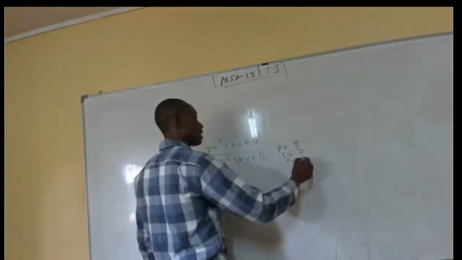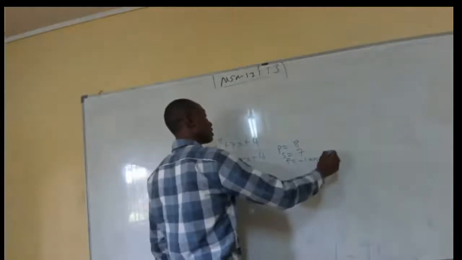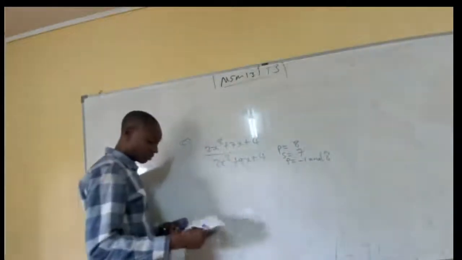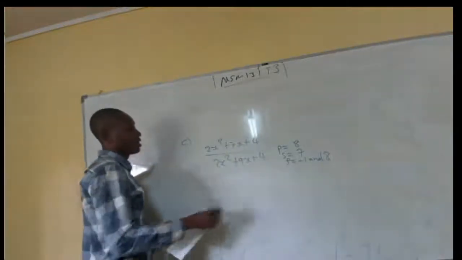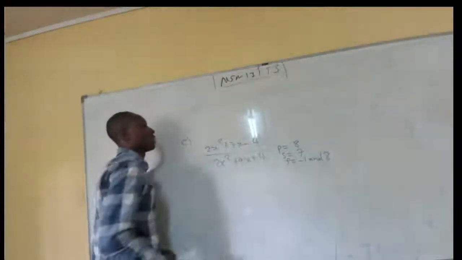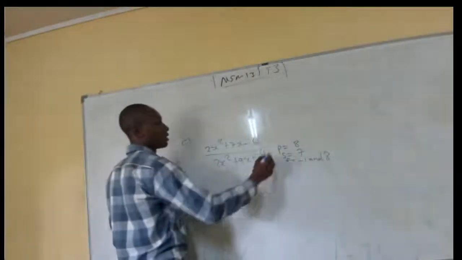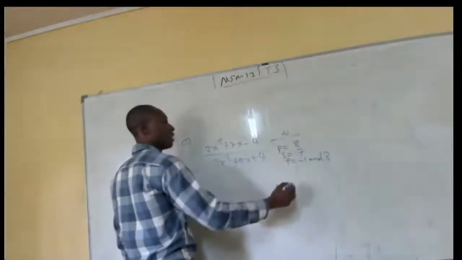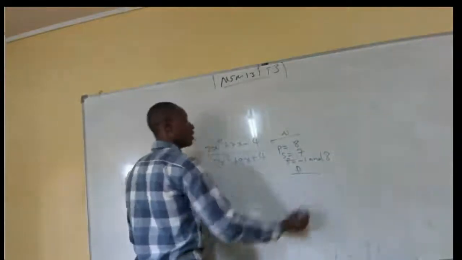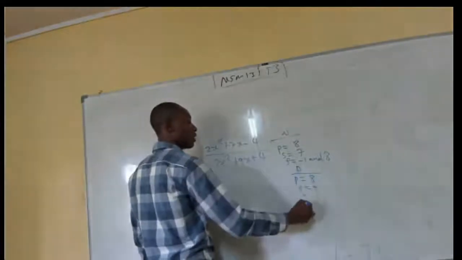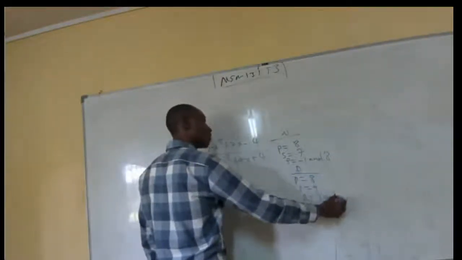The two factors are negative 1 and 8, right? Well, this is actually negative 4, right? Then for the denominator, the product is 8, the sum is 9, the factors are 1 and 8.